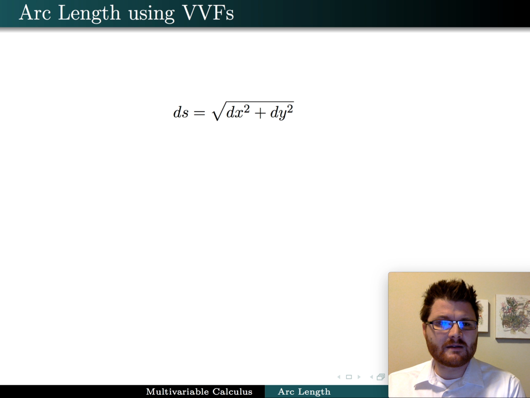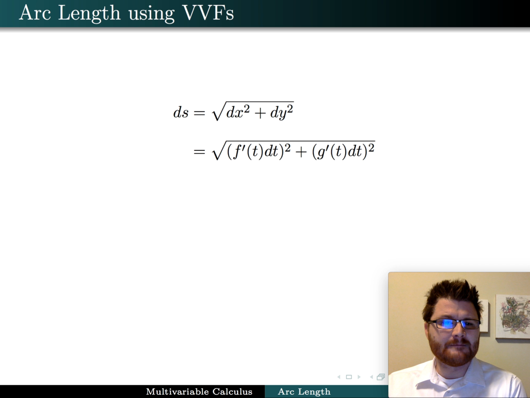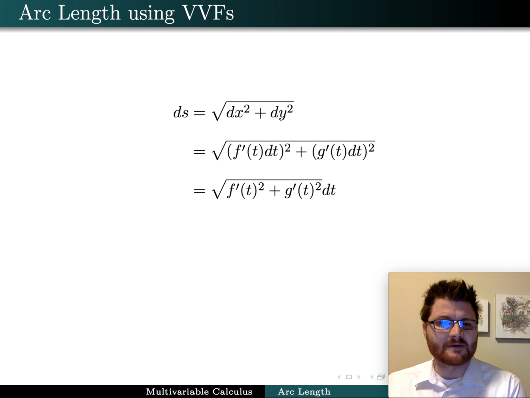And then if we look at our infinitesimal increment ds in terms of dx and dy and apply what we just saw, and do a little bit of rearranging again, square some pieces out, group the dt's, factor, and pull that outside the radical, then we have our infinitesimal increment ds in terms of the component functions of our vector valued function.